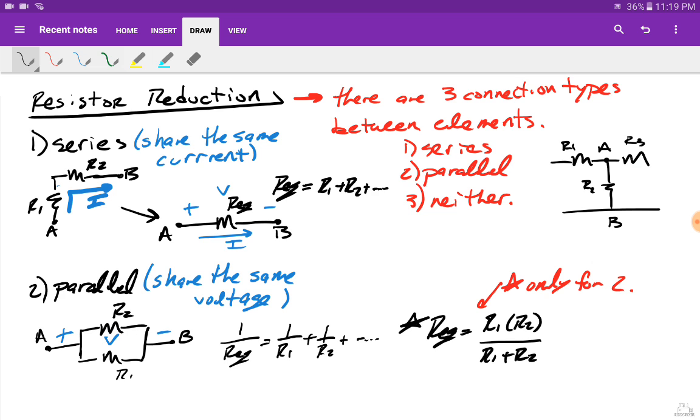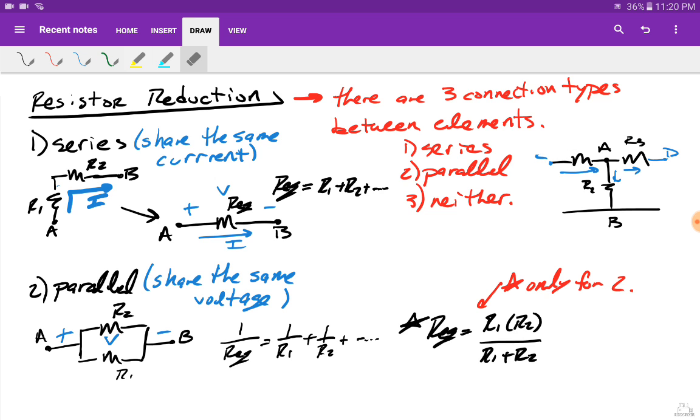R1 and R3 are not in series, because at R2, if you were to draw a current, it would come in here and it would have to break off. Because of that, they're not in series. They're not in parallel, because if this is A and this is B, then this right here would have to be something like C. This is between A and C. This is between A and B. This would be between A and D. Because none of them are between the same two nodes, they're not in parallel. Thus, they must be in the neither connection.